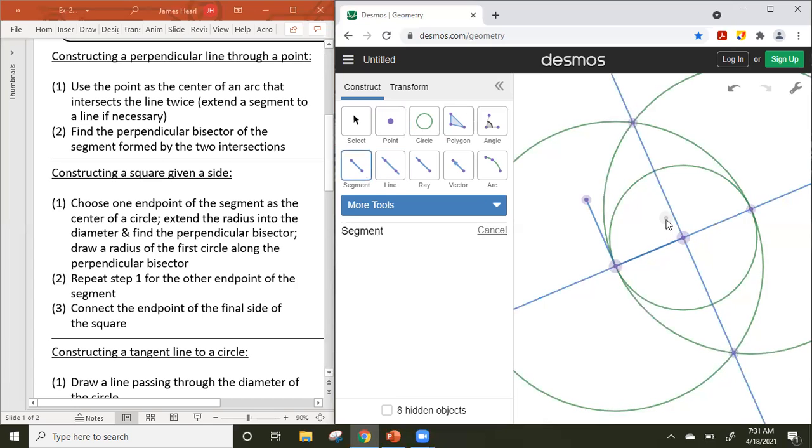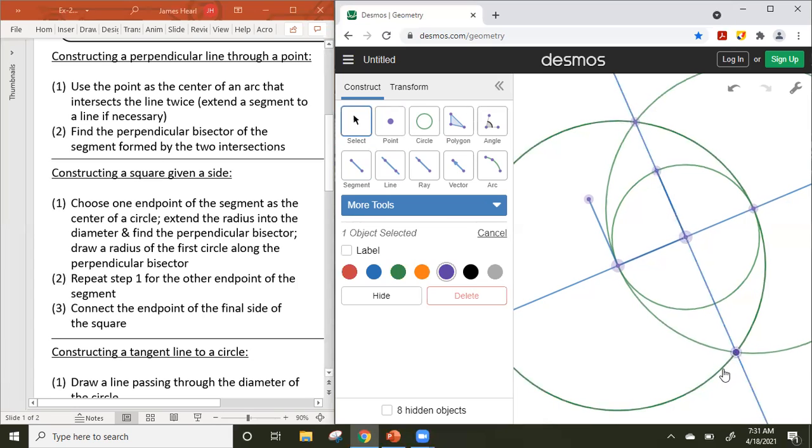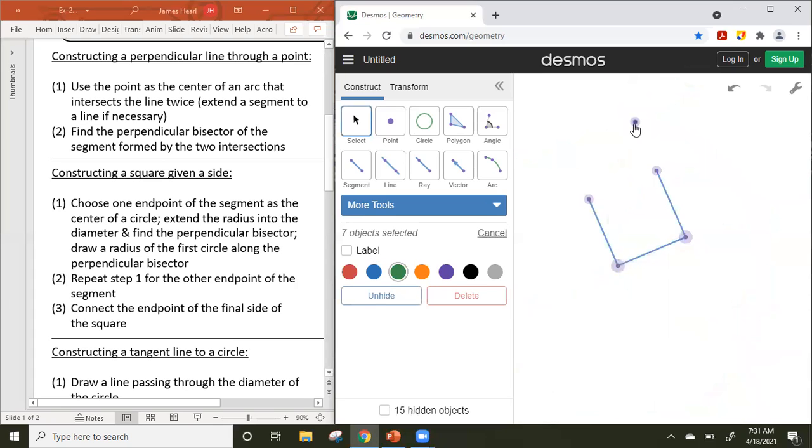Here's another right angle, and from here to here is the radius of the circle, just like from here to here was. So I now have 3 sides of my square. I just need to hide all of this stuff again so that it's a little easier to see. So we'll click on all of them and hide them since we don't actually need them for anything other than to find that line.